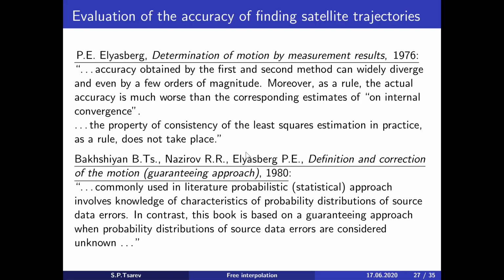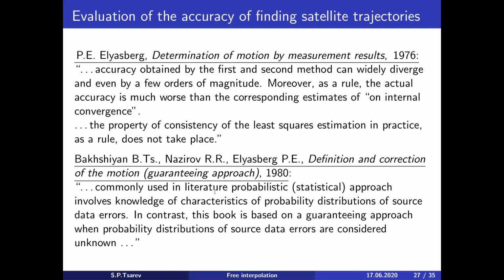Let's take another book by Eliasberg and also his colleague from the same space research division. They published a more complicated technology for definition, correction, and estimation of accuracy of satellite trajectories.